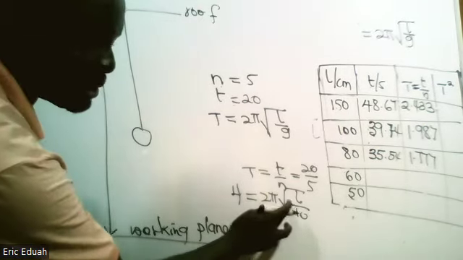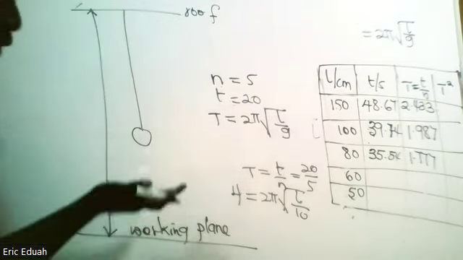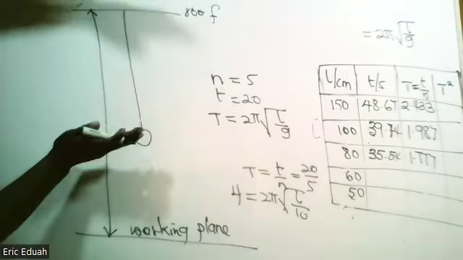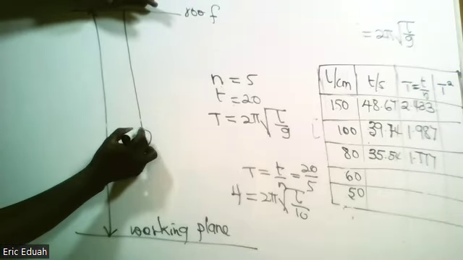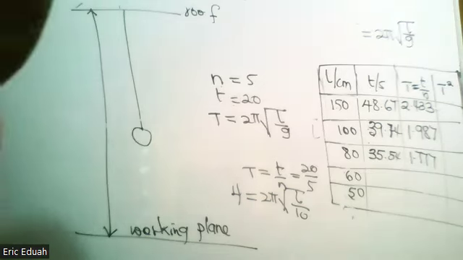So the moment you determine L, you have the length of the wire which connects the bulb to the roof.